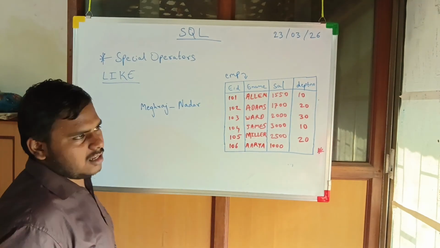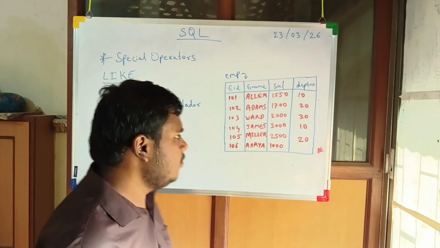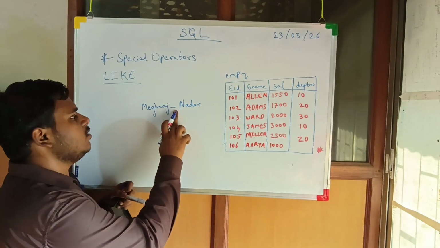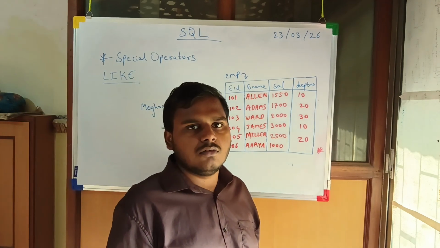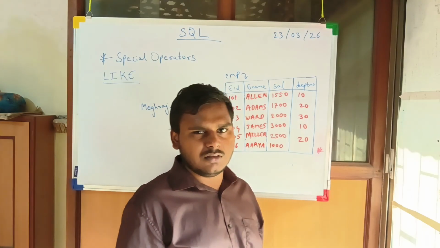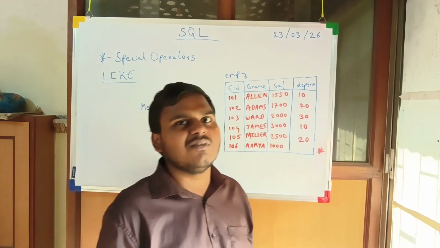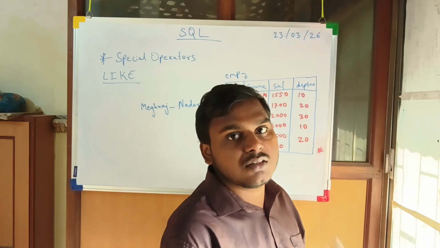Okay, this is a name. Here also underscore is there. I want the name having underscore. Now can I write underscore in the like operator? Yeah, you can write, but it will not work. The compiler will get confused because underscore and percentage have a certain behavior.